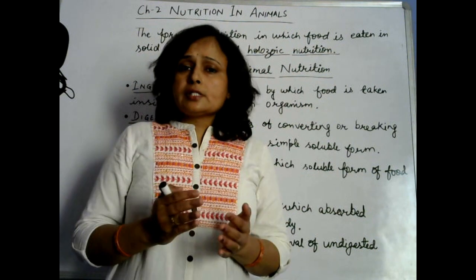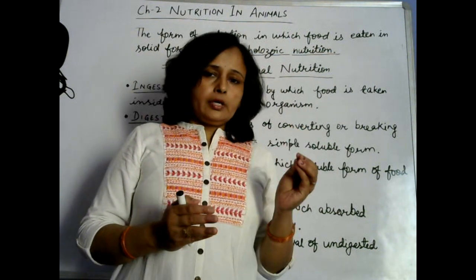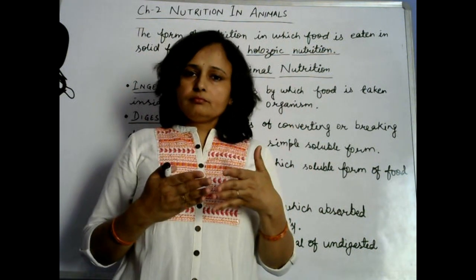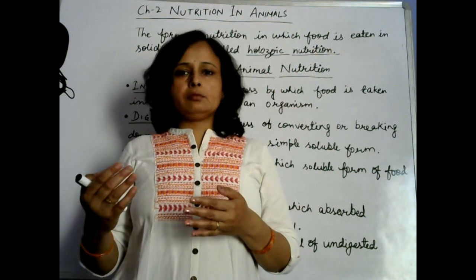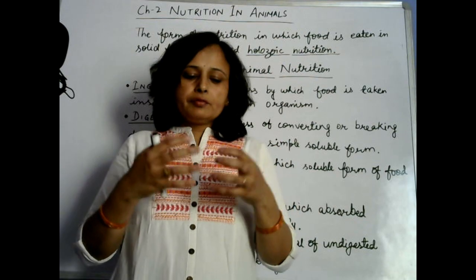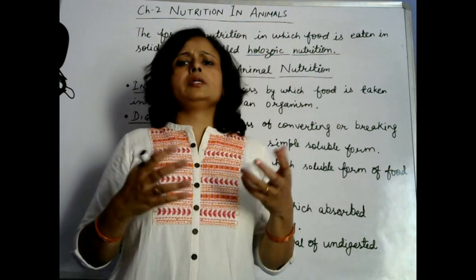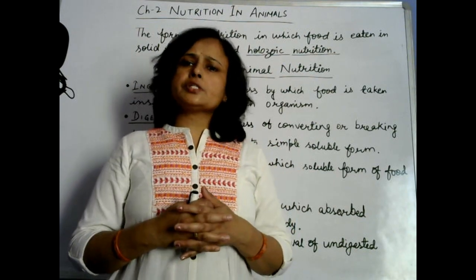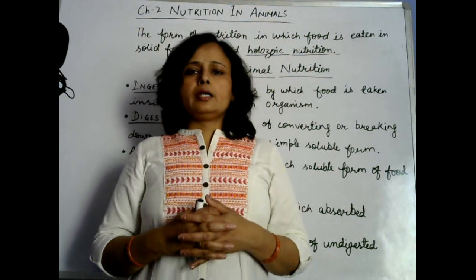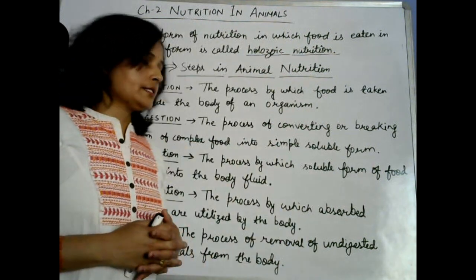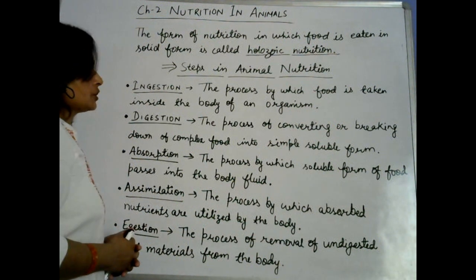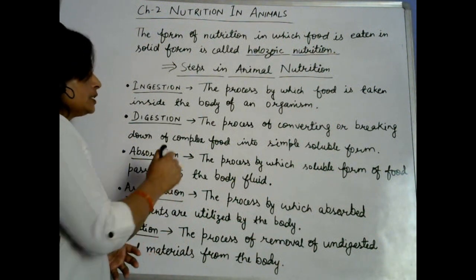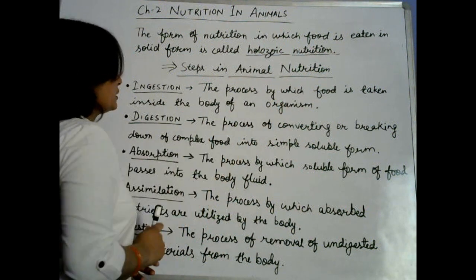So if we discuss nutrition, what is nutrition? Intake of food and utilization by the body. And in between that, in the case of animals, there are 5 steps which take place. First one is ingestion. Ingestion is the process by which food is taken inside the body of an organism.